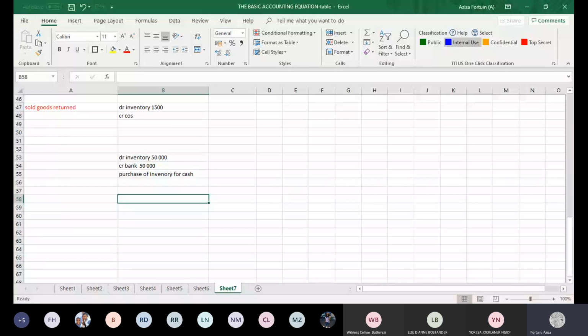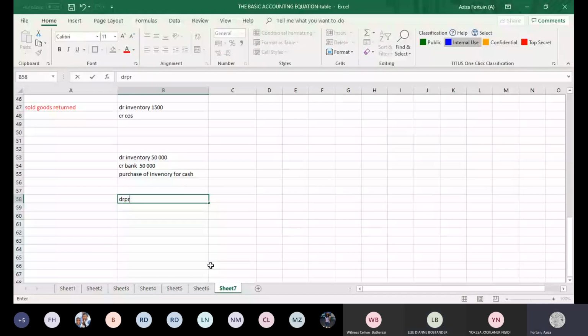If I say I issued production overheads for 6,000 Rand, how am I going to account for that? Production overheads account would be debited and your consumables inventory would be credited because you're issuing consumables to production. Is that how you would record it?